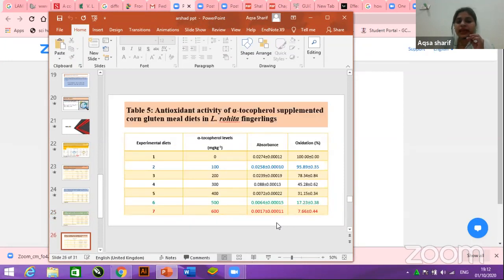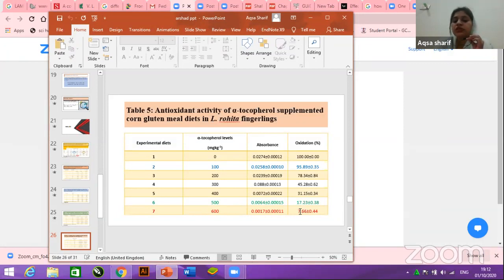And at the last, the antioxidant activity. Here experimental diet number 7, having alpha tocopherol level 600 mg per kg, brought about the good results in terms of percentage of oxidation.